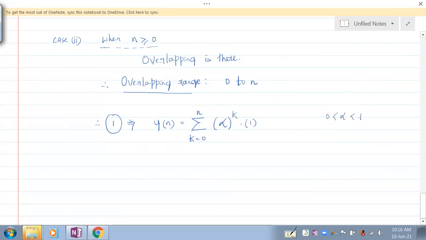Now there is a standard summation that we need to understand.